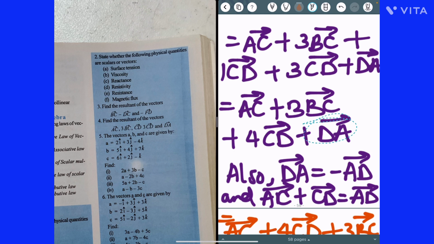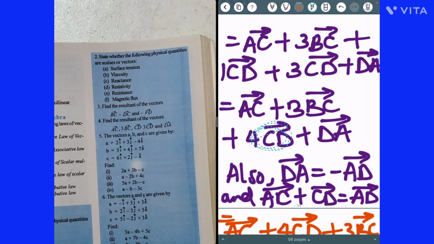So keep that on one side. Also, I made this adjustment that DA, in order to align the letters in alphabetical order, DA is the same thing as minus AD. So instead of writing DA, in my next step, I'm going to write minus AD for DA. And AC here, AC plus what?